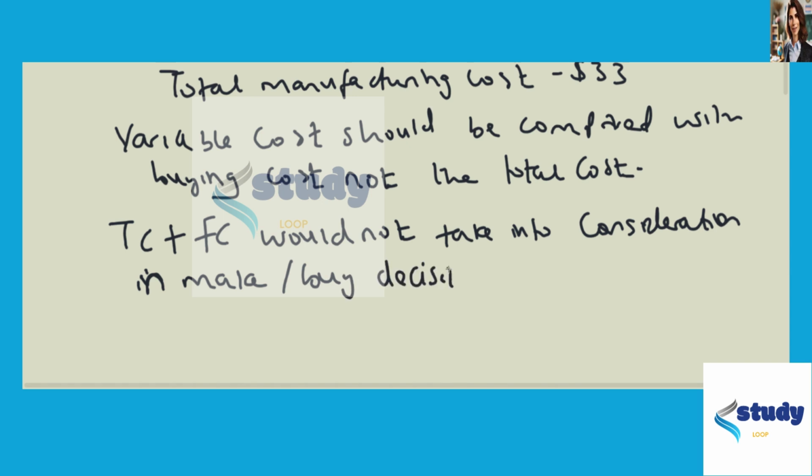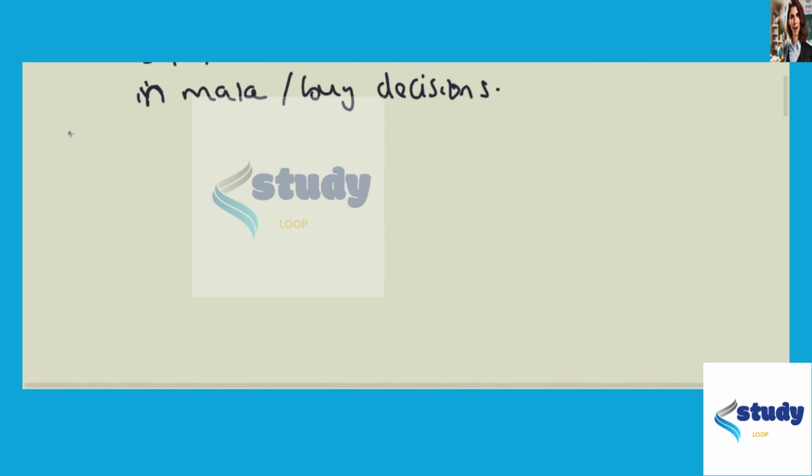Now, the other part of the question says, can Goldstein use the answer to requirement 1A to determine the cost of manufacturing 35,000 bicycle frames?